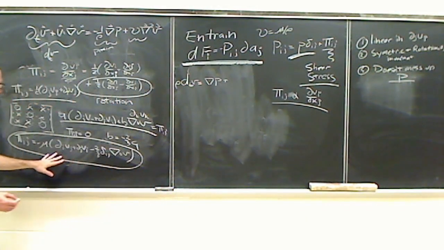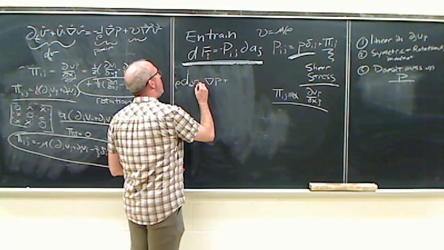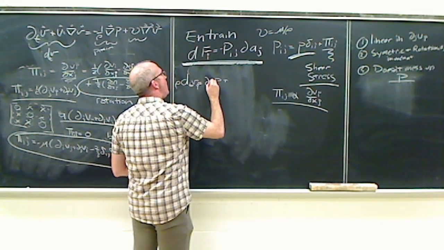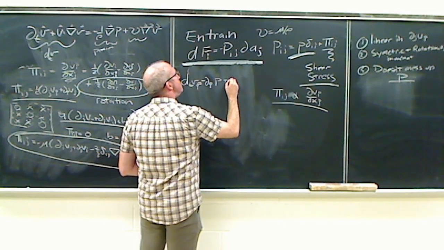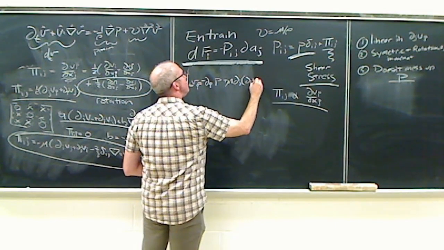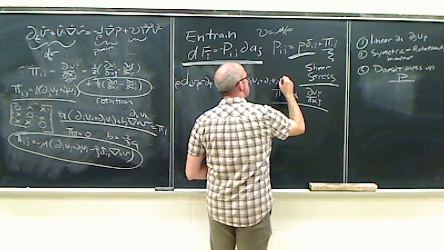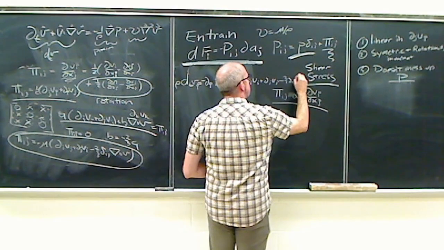So I'm going to take this term, but I'm going to have a d by d i on this. So this is v_i, this is d_i p, and there's a minus sign there, plus mu times d by d_j of (d_i v_j plus d_j v_i) minus 2/3 delta_ij div v.